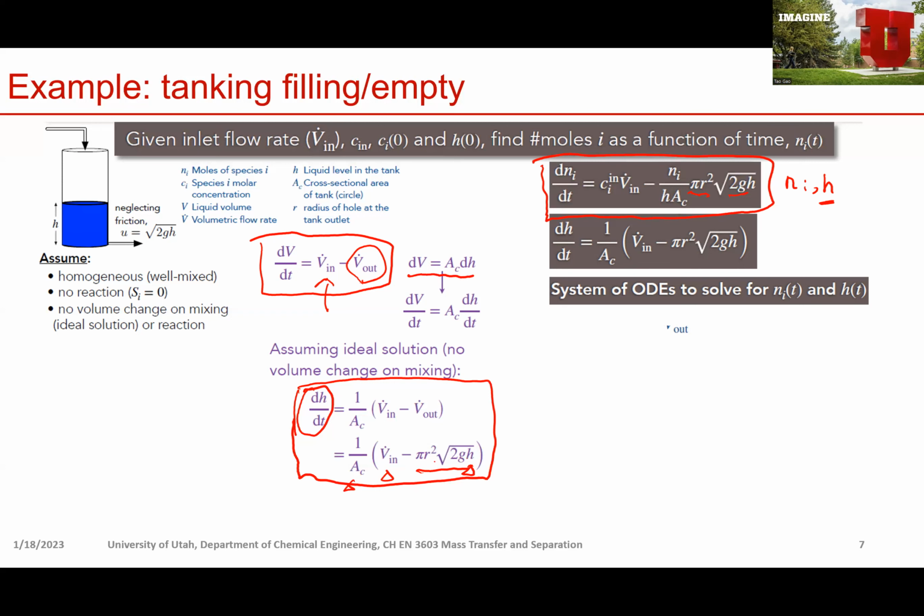Now we have the second differential equation, and putting them together, we have two ordinary differential equations with two unknown variables, Ni and H. In theory, we should be able to solve these for Ni and H over time, as long as we know the initial conditions.